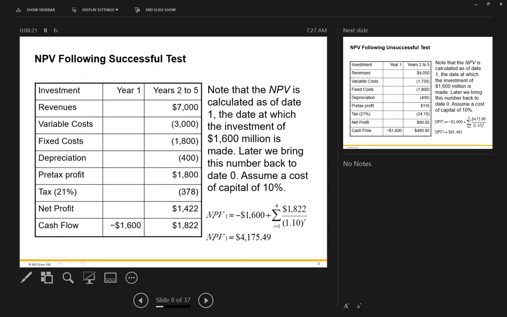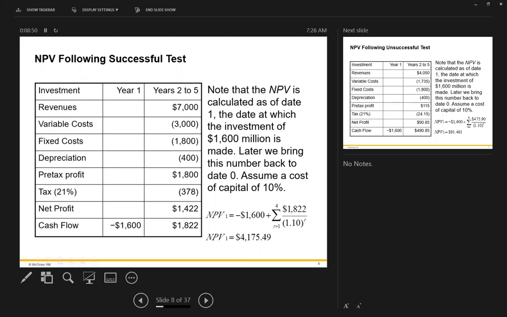So when we're calculating the cash flow present value, we want to make sure that we're using 4 as our periods, because the 1,600 here is the net present value at time 1. That's our initial investment. So we want our cash flows brought back to the end of time 1, so 4 periods: end of 2, 3, 4, and 5.